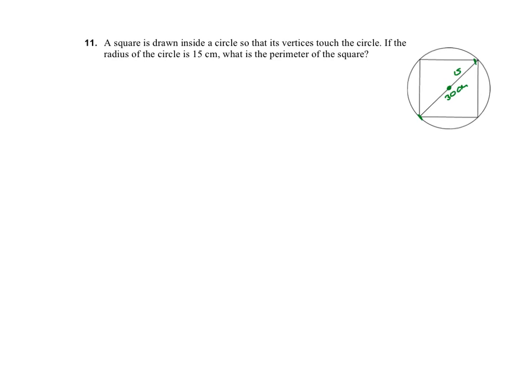Now, I want to know the perimeter of the square. So that means that I need to find its sides, right? But as you know, all the sides of a square are congruent.